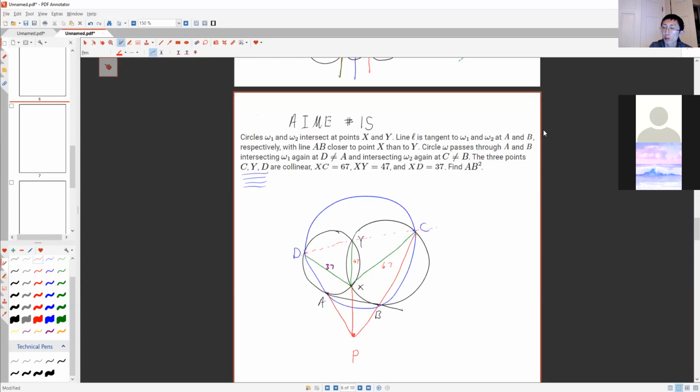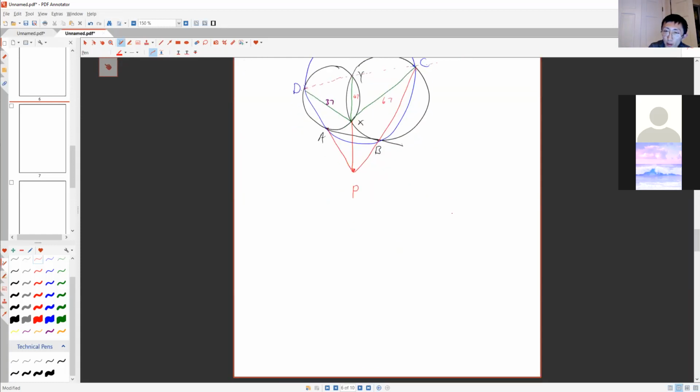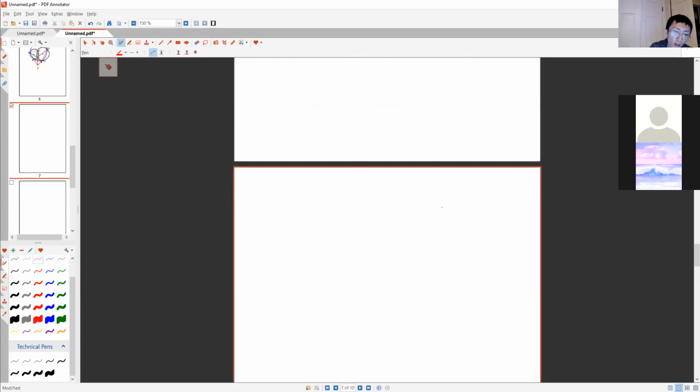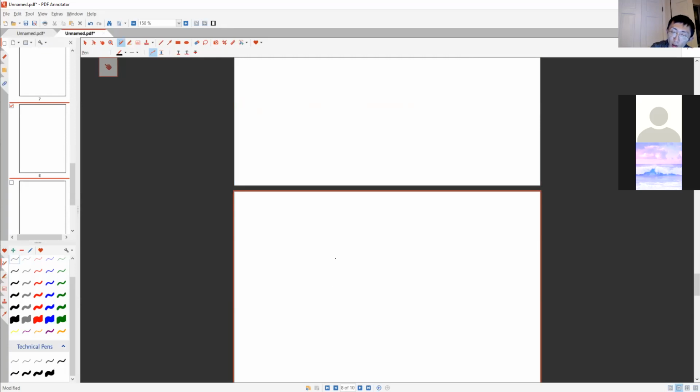Maybe we should just briefly, I don't know if we'll be using this in our final solution, but there's a concept of a symmedian. You have the regular median of a triangle, and then you have a symmedian of a triangle.